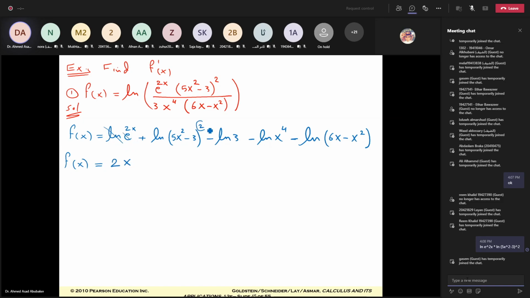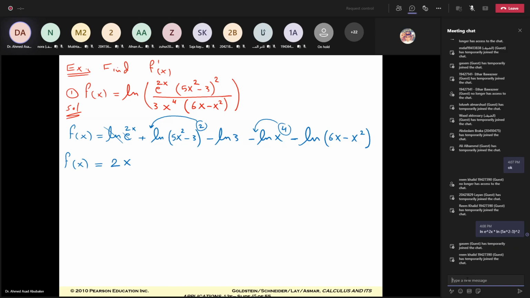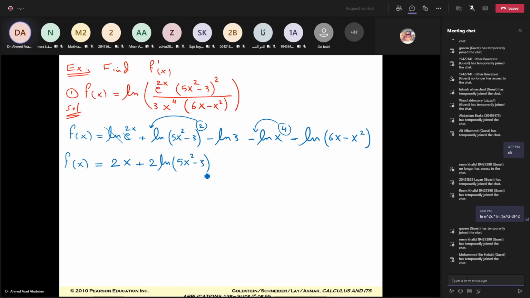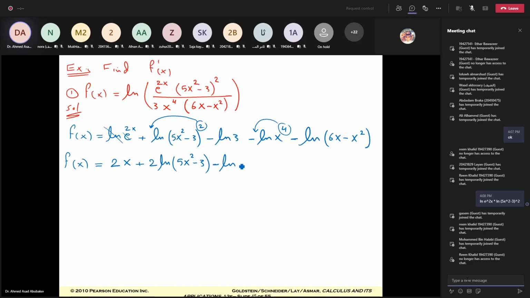Also we can use the property: the square, put it outside the ln, multiplied with ln. The 4 as an exponent, multiplied with the ln. So we have 2 ln (5x squared minus 3) minus ln 3 minus 4 ln x minus ln (6x minus x squared).